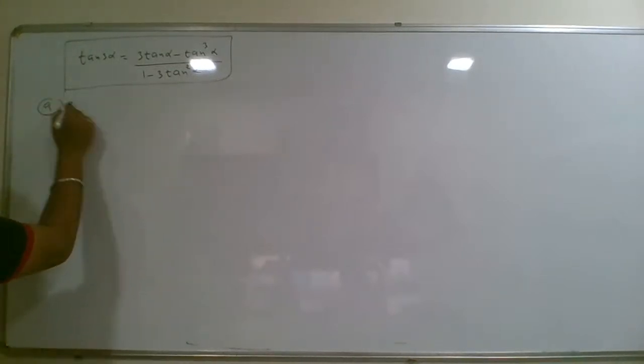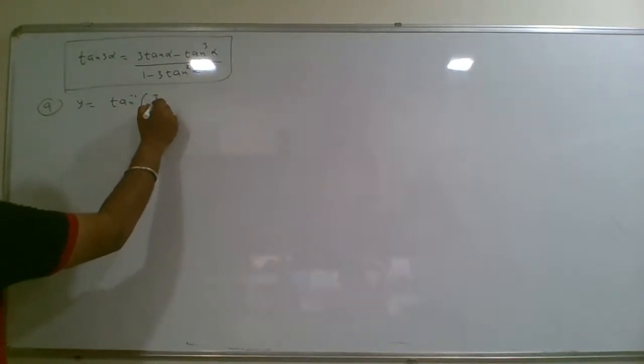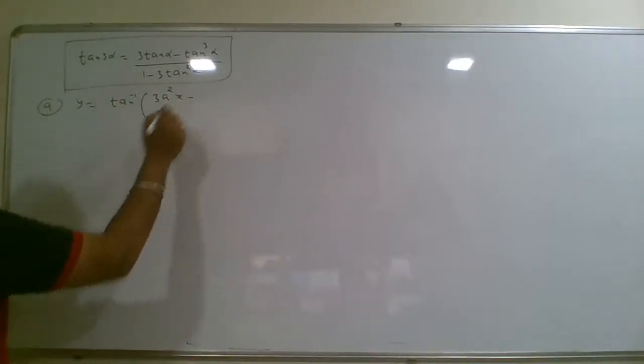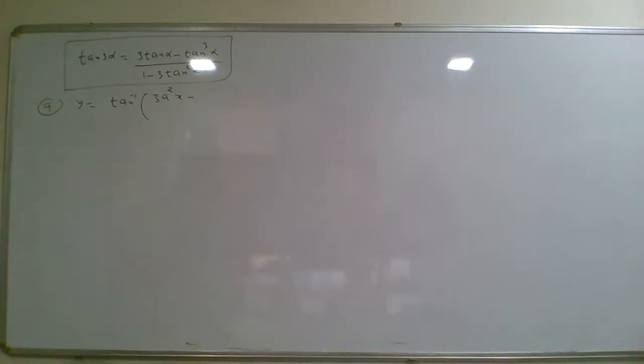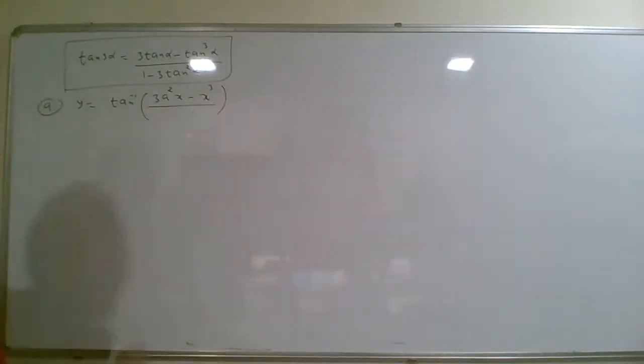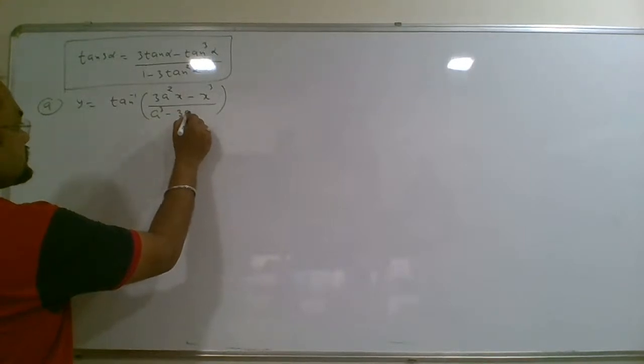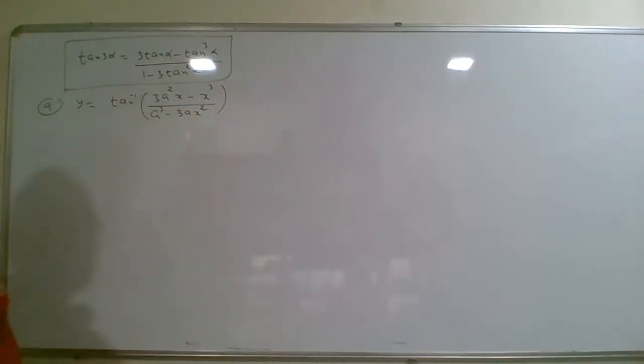Now the next question. Let y equal to tan inverse of 3a square x minus x cube divided by a cube minus 3a x square.